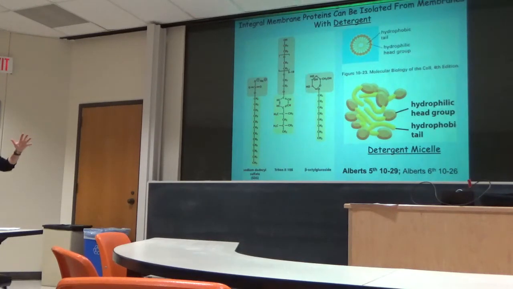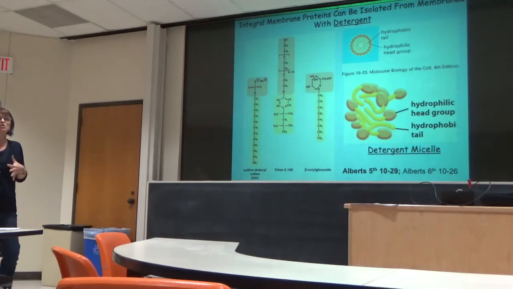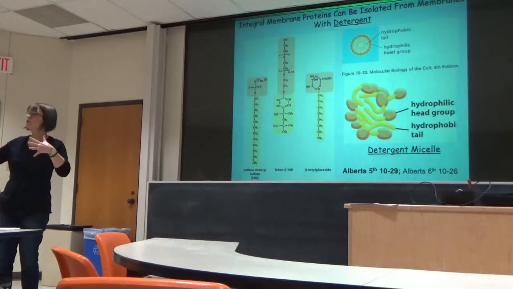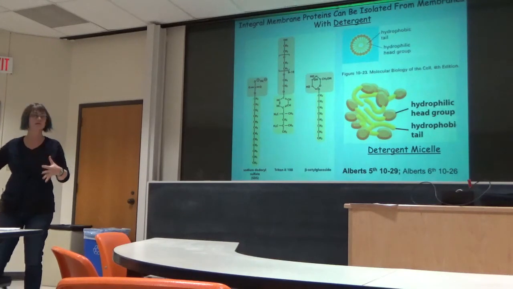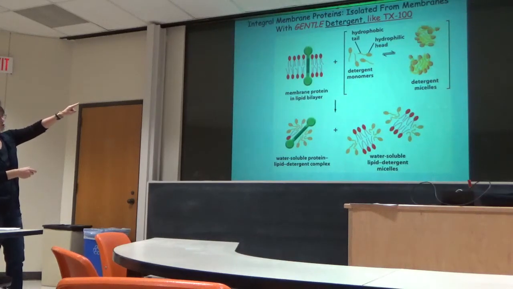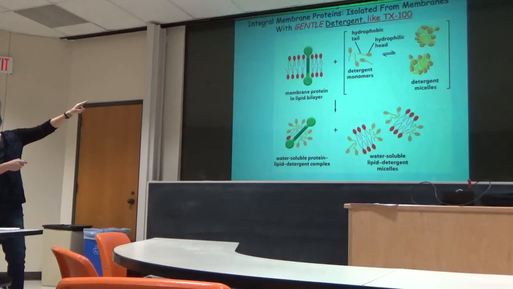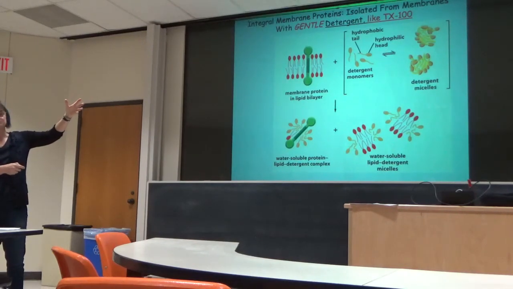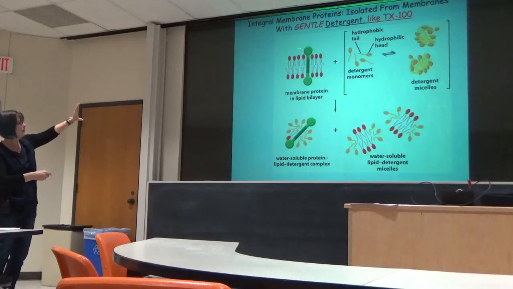And this structure, doesn't it look a lot like a phospholipid bilayer? And that's why these detergents are so great at extracting membrane proteins, because this is what they do. If we take a gentle detergent, and I've added these words right here, and you might add it to your slide, gentle detergent, like Triton X100, and you look at the bilayer.